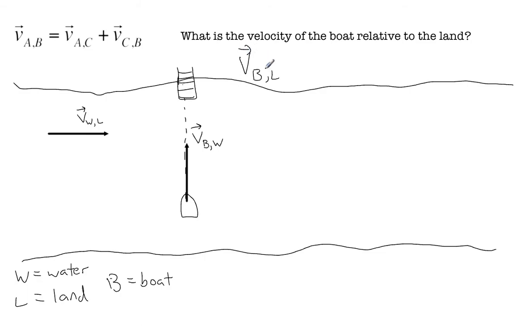If I want to find this velocity, using the idea that I could find the velocity of one thing relative to the other using this pattern, I need to add together the velocity of B relative to the third thing that isn't the boat or the land, and that would be the river, or the water in this case.